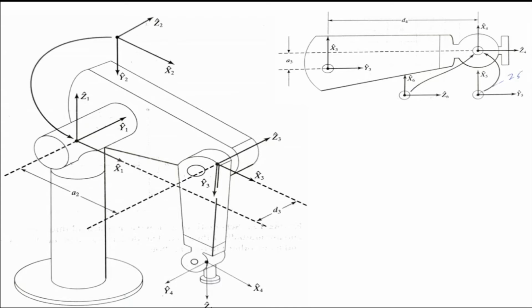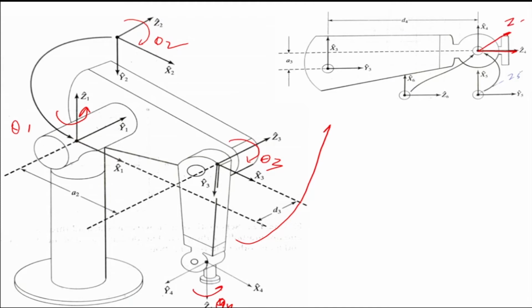Now here we are assigning our axes depending on the rotation. So my first rotation is here, theta 1. Second rotation is about z2, theta 2. This is my third, theta 3. And theta 4 is about here, so that's theta 4. Then theta 5, my z5 is that side, and z6 is back this side again.